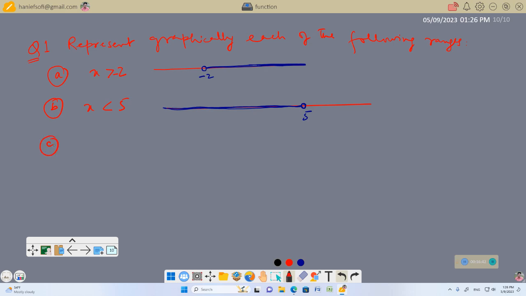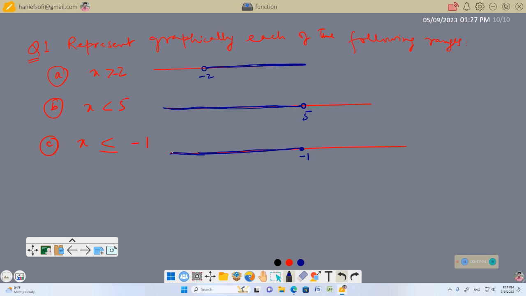Let me do another thing. If I have x is less than or equal to minus 1, it's a different situation. It means x can be any number to the left of minus 1, and x can be equal to minus 1. So here you have to shade the minus 1 point as well. If this is my minus 1 point, now I make it a filled circle, not an empty circle, because minus 1 is also included in the range of x.